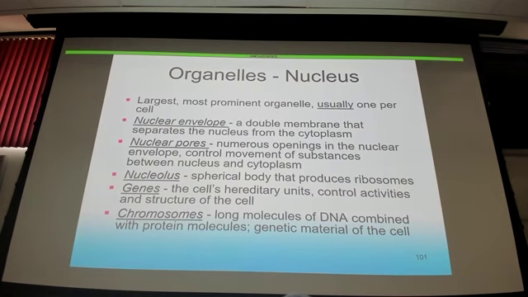So you're going to make ribosomes in the nucleolus, which is in the nucleus. And then genes. The genes, of course, we know are found in the nucleus because that's the hereditary units. And then genes will be organized on chromosomes. Right?